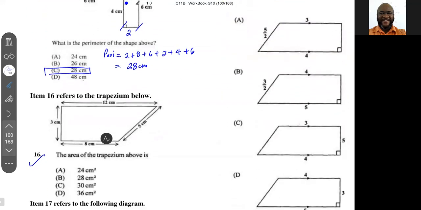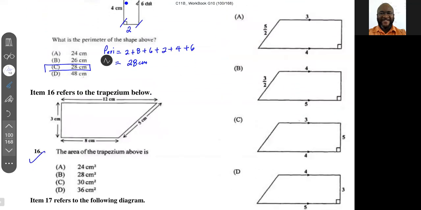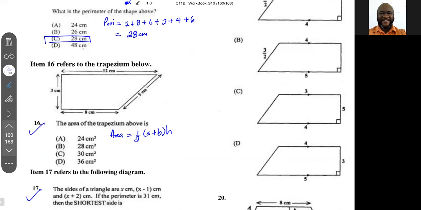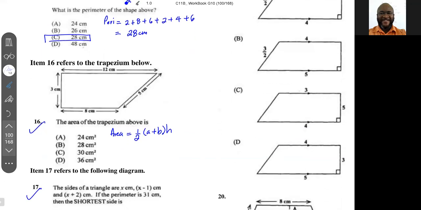Number 16 says the area of the trapezium above is. So the formula for the area of a trapezium is area is equal to a half (A plus B) times H. A and B are the lengths of the parallel sides, because a trapezium is a quadrilateral with one pair of parallel sides.